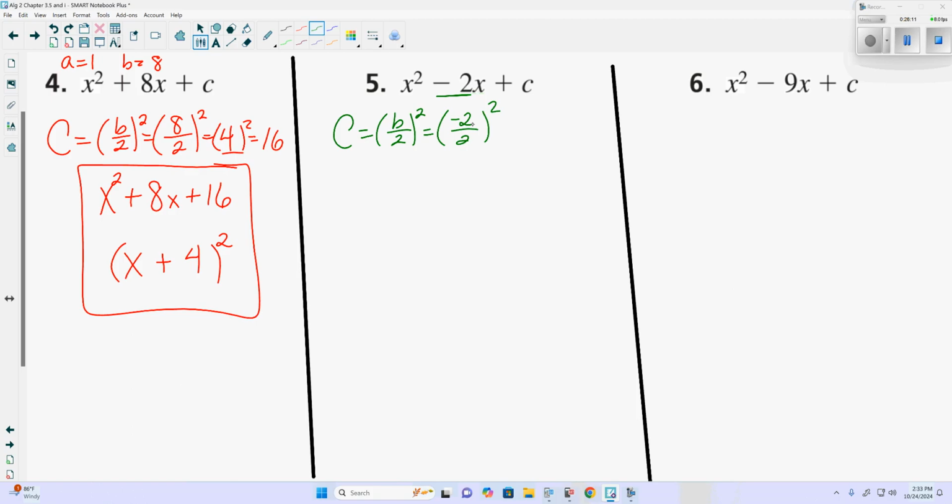A is 1, b is negative 2. Now again, I would divide by the negative 2 first before we square it. And negative 2 divided by 2 is negative 1. And negative 1 squared is 1. Telling us that our perfect square trinomial is x squared minus 2x plus 1.